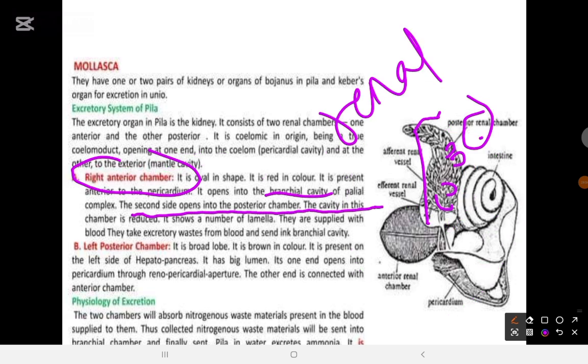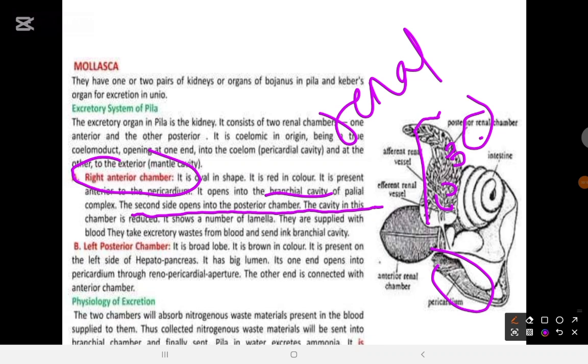The right anterior chamber is oval shaped. It is red in color and it is present anteriorly to the pericardium. Here's the pericardium here. It opens into the branchial cavity. The second side opens into the posterior chamber.